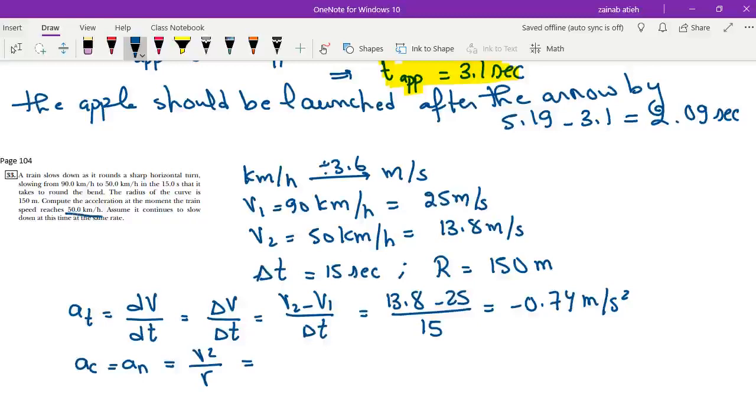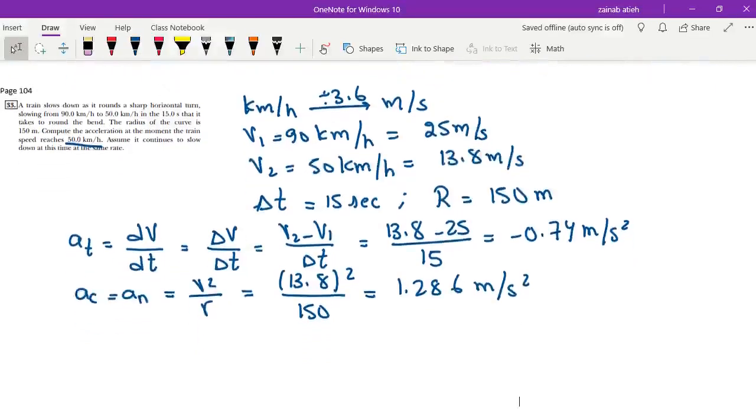So I'm trying to use this velocity, and he told me at this moment he wants the acceleration. So 50 is equivalent to 13.8, so it's 13.8 squared over the radius, which is 150. I will get 1.286 meters per second squared.